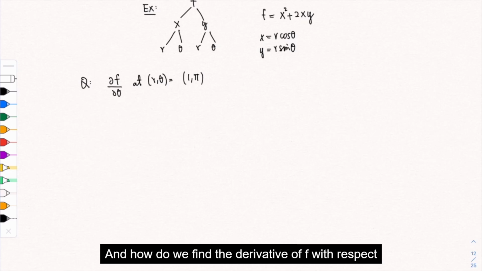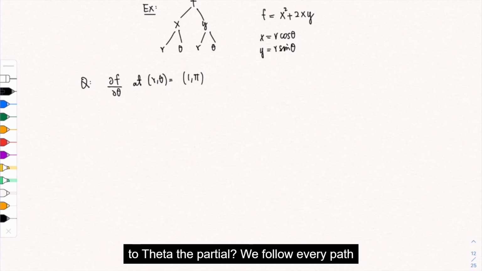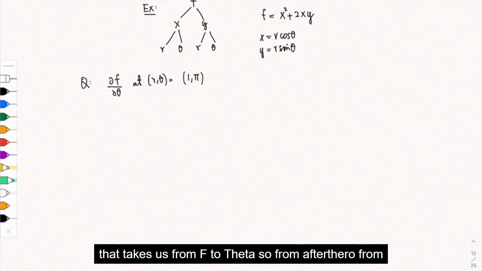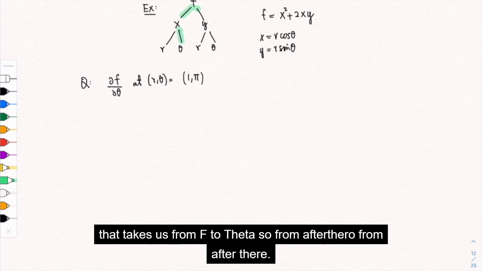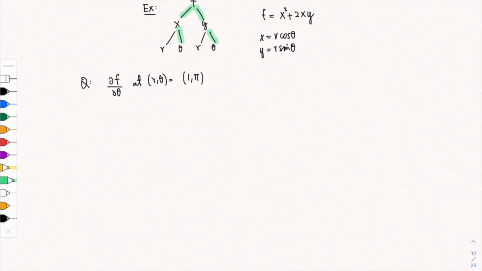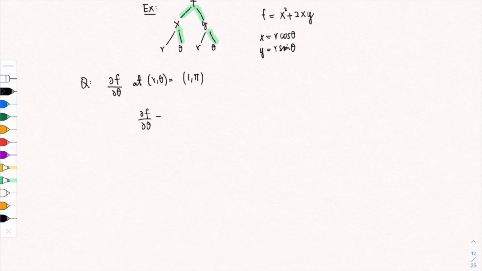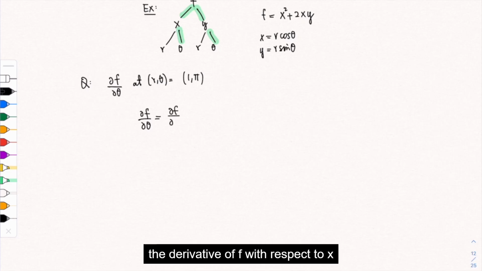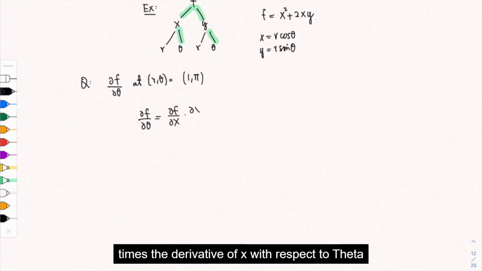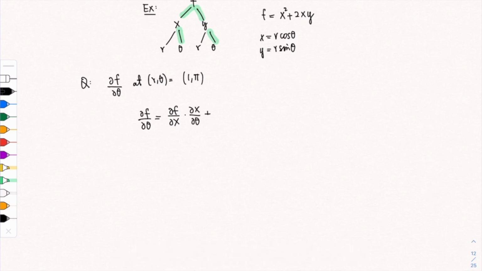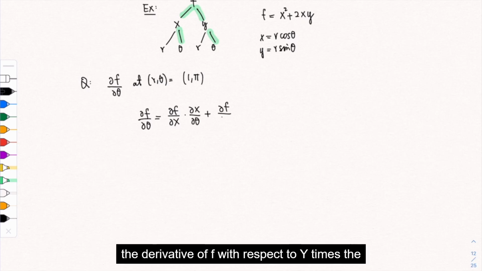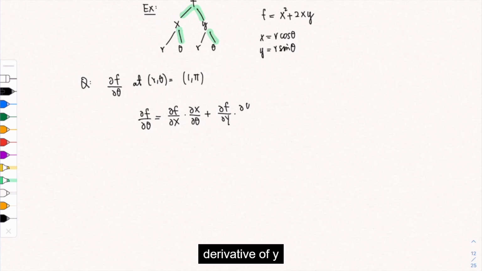And how do we find the derivative of f with respect to theta, the partial? We follow every path that takes us from f to theta. So from f to theta, from f to theta. So this would be del f del theta is equal to the derivative of f with respect to x times the derivative of x with respect to theta, plus the derivative of f with respect to y times the derivative of y with respect to theta.